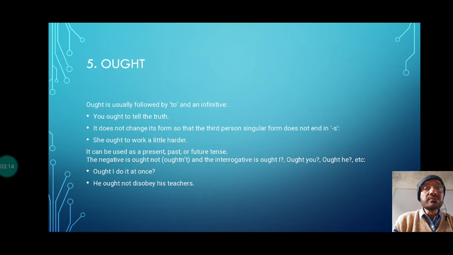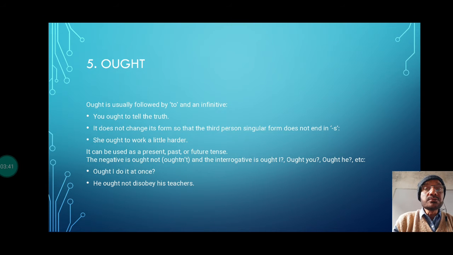She ought to work. In general, we say she works, but here the s form doesn't come. So, she ought to work a little harder. She works hard, right? If we make a sentence, work becomes works, the singular form in third person. But when we add ought to, the work stays in base form.